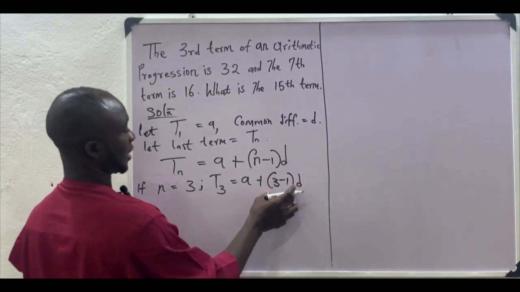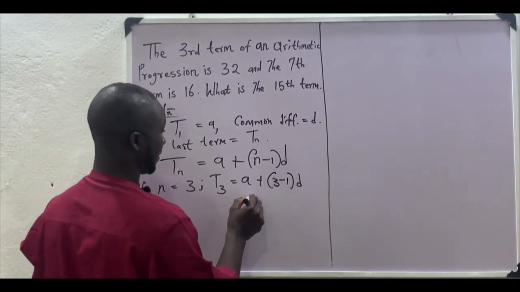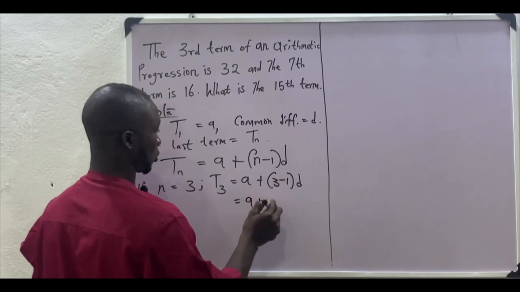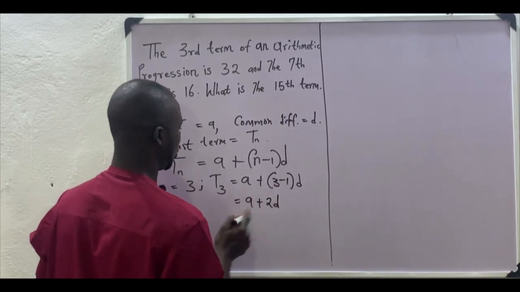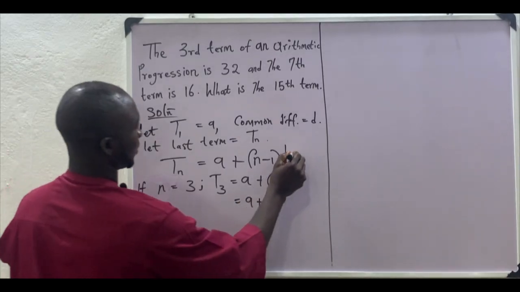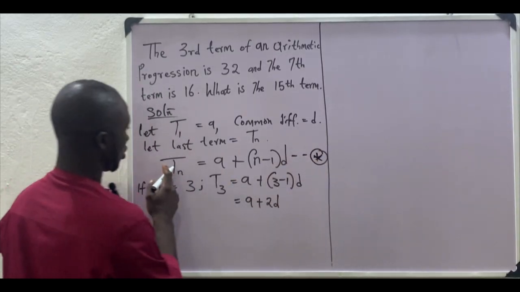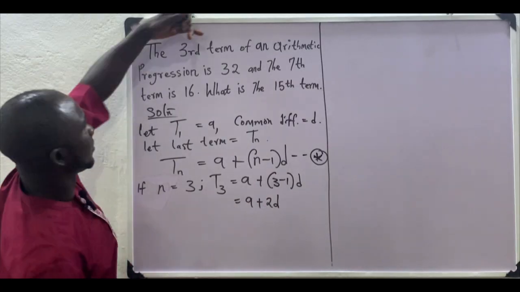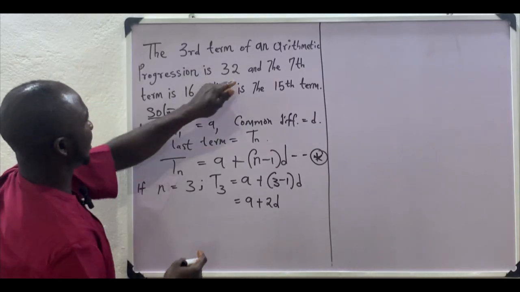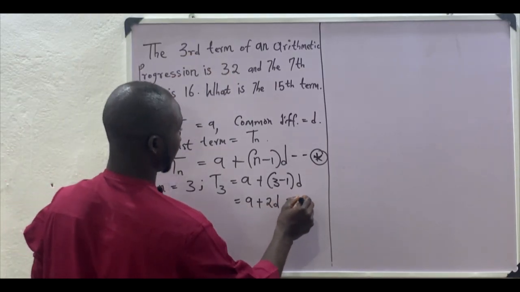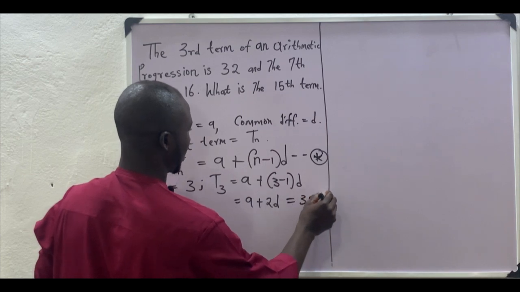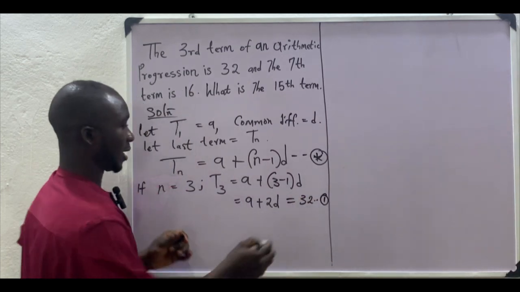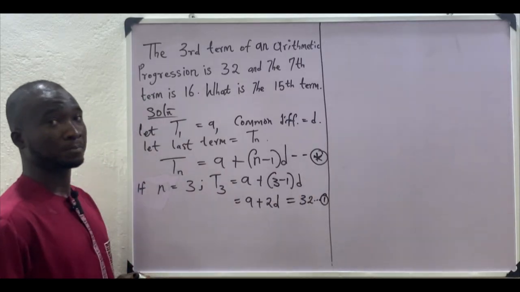So we can open this bracket: 3 minus 1 is 2, that is 2d. So the third term of the sequence is a plus 2d. But from the given question, the third term is 32, so a plus 2d equals 32. Let us call this our equation 1.